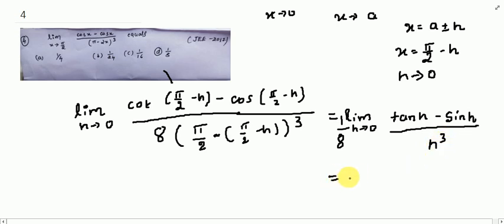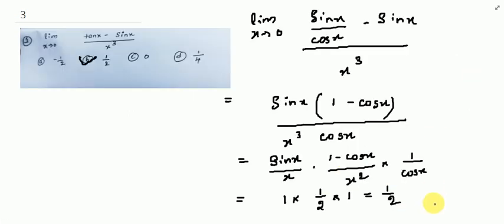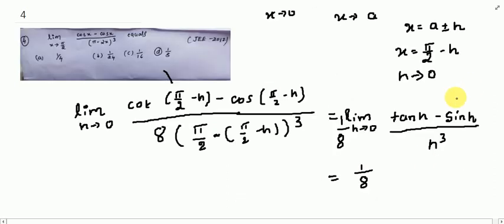So now this is equal to 1 by 8 into, that's why I said you should remember this particular result: tan x minus sin x divided by x cube as x tends to 0 is equal to 1 by 2. Now we have exactly the same form. So this is 1 by 8 into 1 by 2, which becomes 1 by 16.